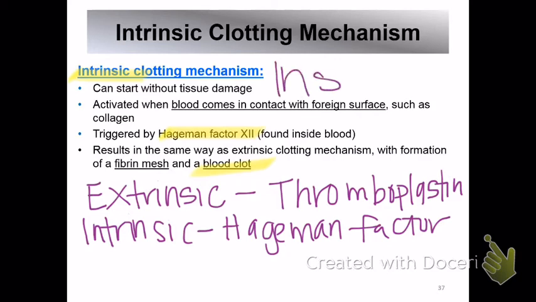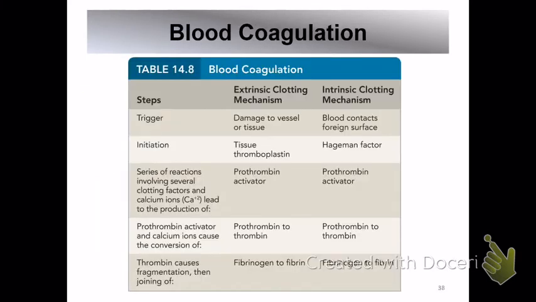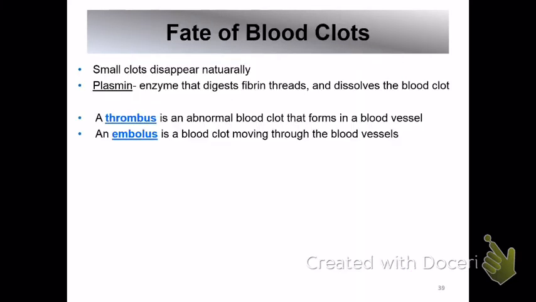So inside. Both of which are going to be positive feedback. So just a table with a summary. We know both of these things. And then we know thromboplastin and Hageman factor. So kind of focus in on those.